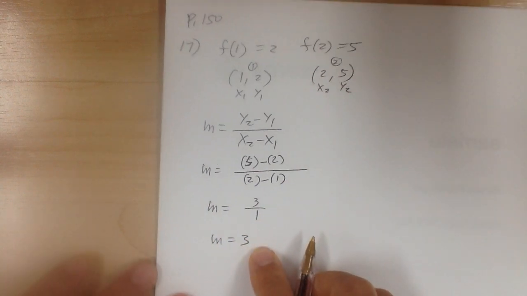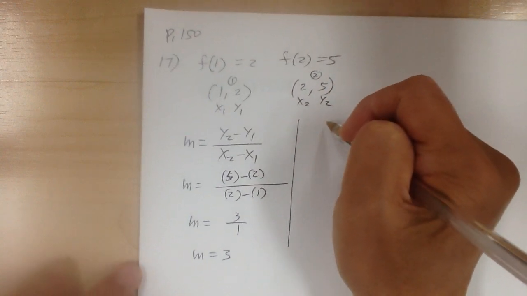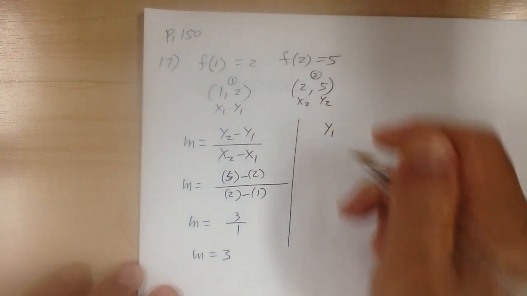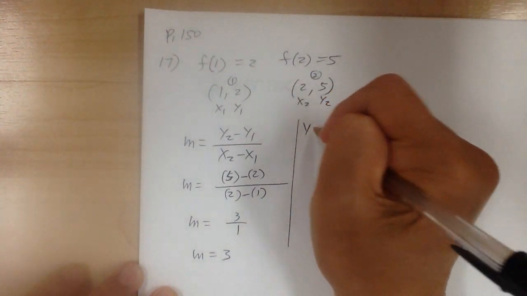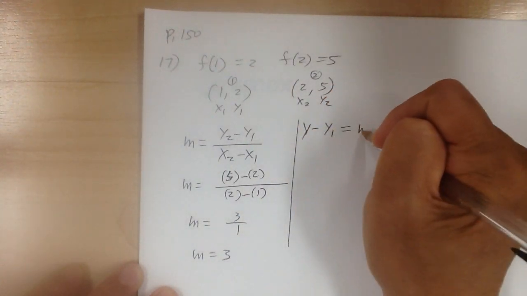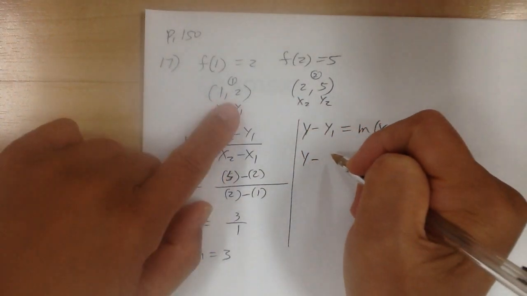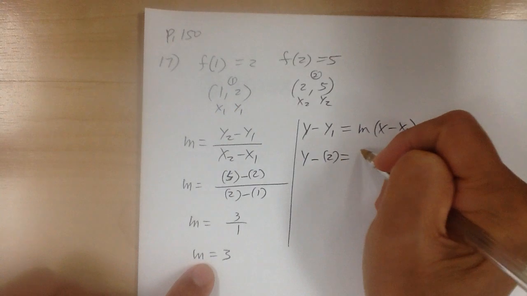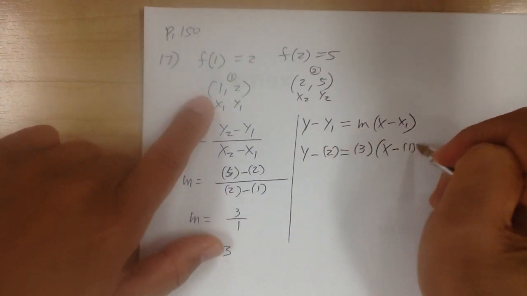So once you find the slope equal to 3, then let's go and get the point slope form. So y minus y1 equal to m times x minus x1. So y1 is 2, slope equal to 3, x1 is 1.